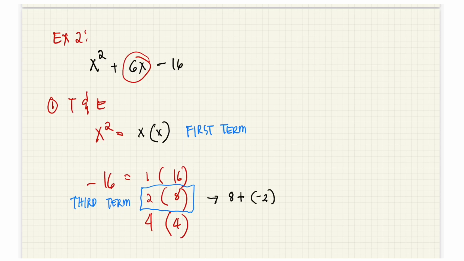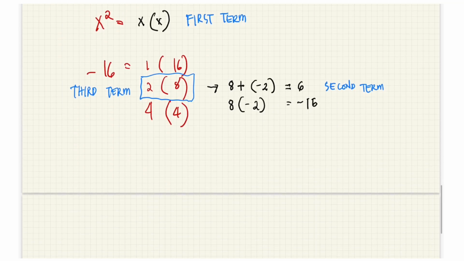So this one is equal to positive 6, and 8 times negative 2 is negative 16. So now we have our second term.